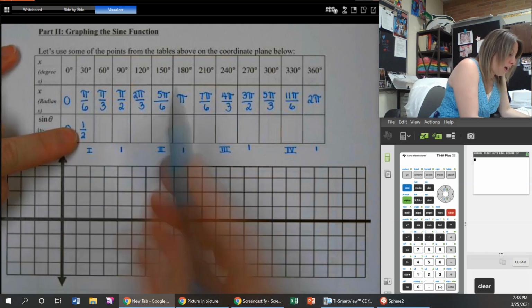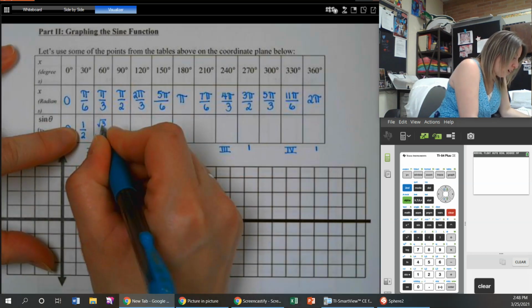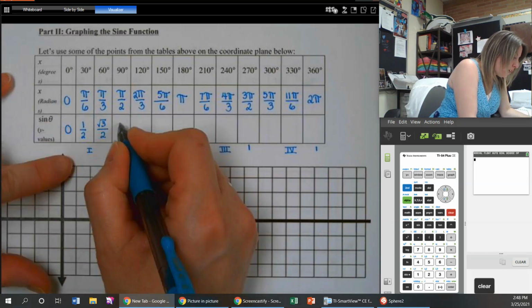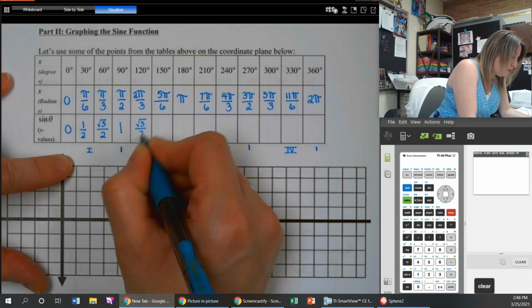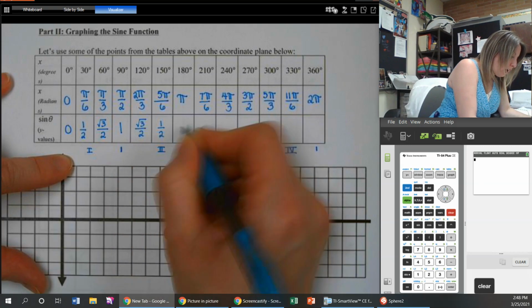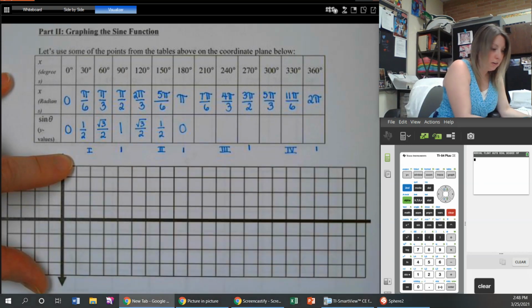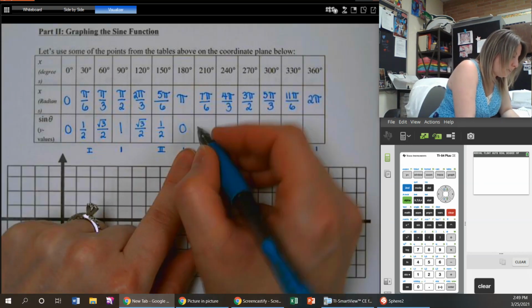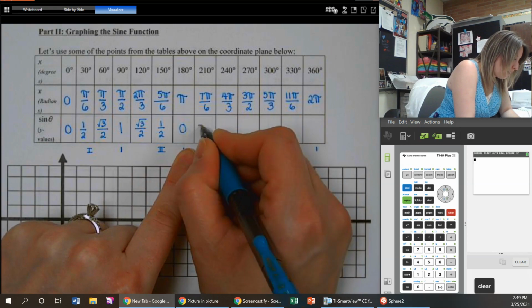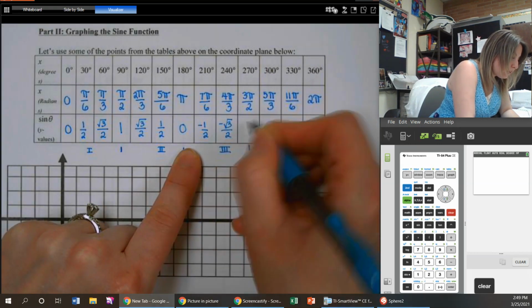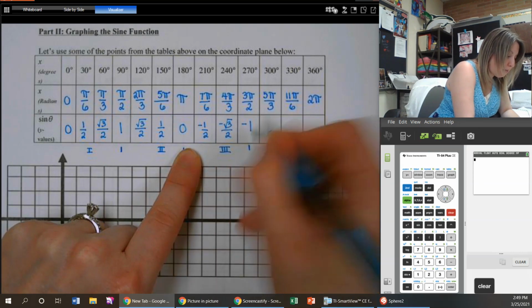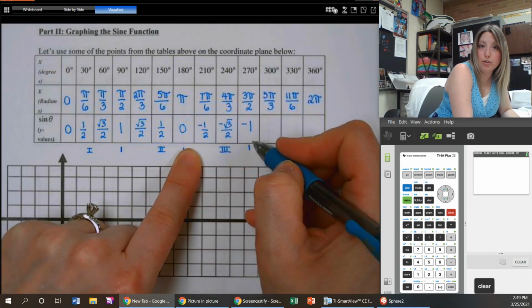So we got 1/2. And then this is radical 3/2. And then all the way up to 1. And then back down the other direction, radical 3/2, 1/2, and back to 0 at pi. And then over here, we're down now. So negative 1/2 and negative radical 3/2 and negative 1 at our 270, at our 3 pi over 2.